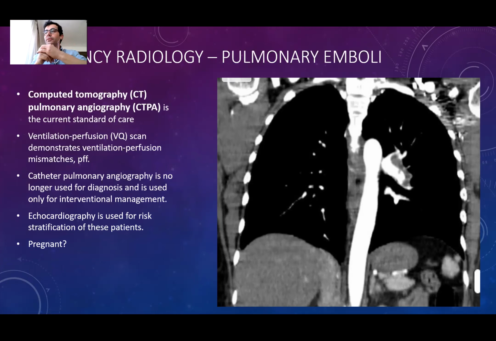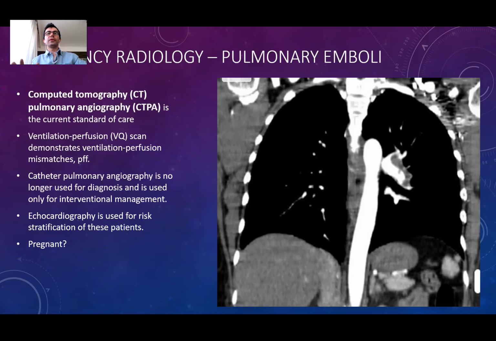For definitive pulmonary emboli diagnosis, CT pulmonary angiography, which is CT with contrast, is mandatory. You can call it CT with contrast. You can call it CT pulmonary angiography. All of them count. Sometimes a ventilation perfusion scan is also written in lecture notes, but these are almost never used. I've never seen a ventilation perfusion scan ordered for a pulmonary emboli patient.